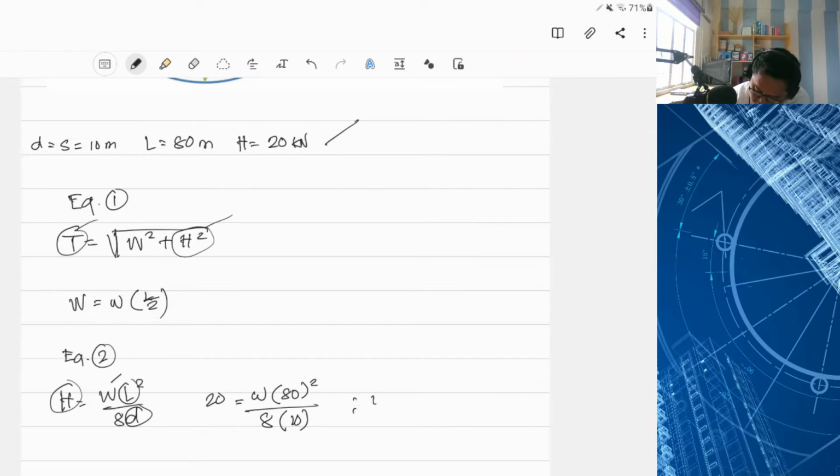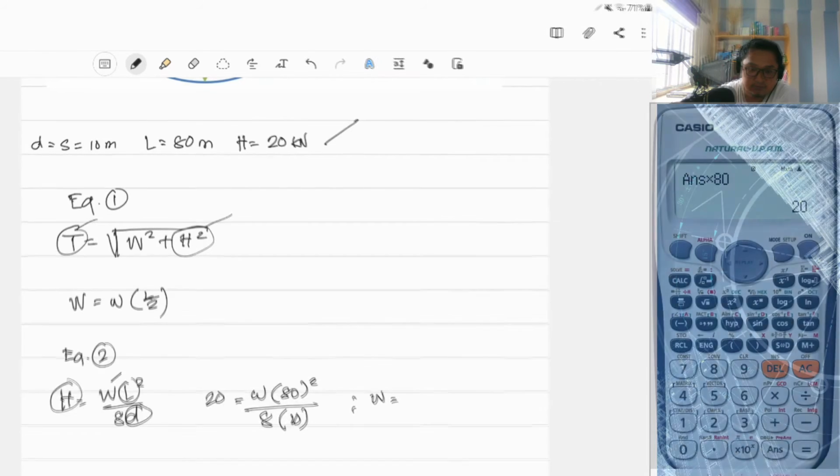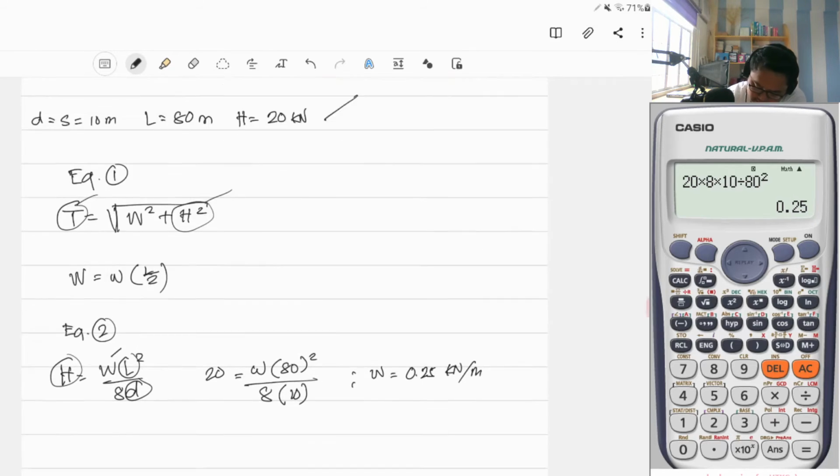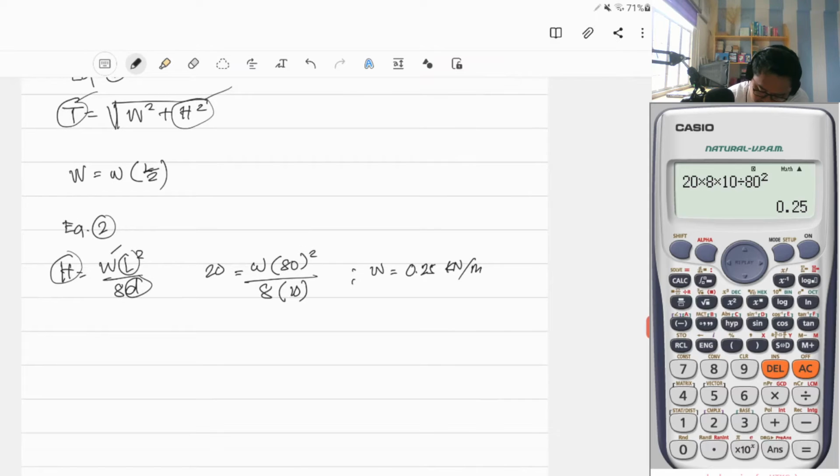So I can find w, and the answer is 0.25 kilonewton per meter. Okay? So we can now solve for the big W because we have now the small w.